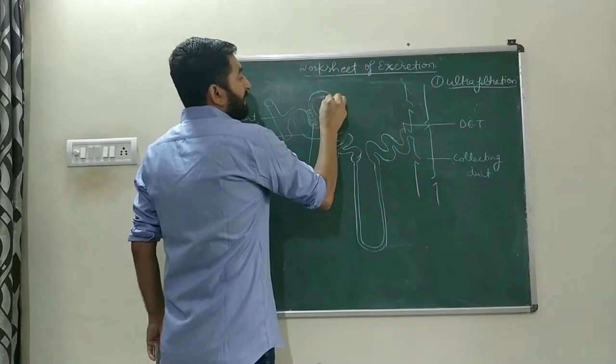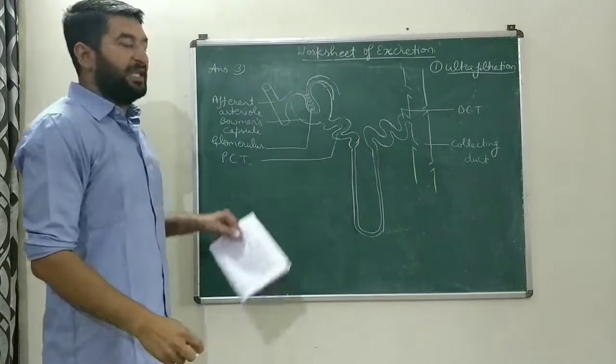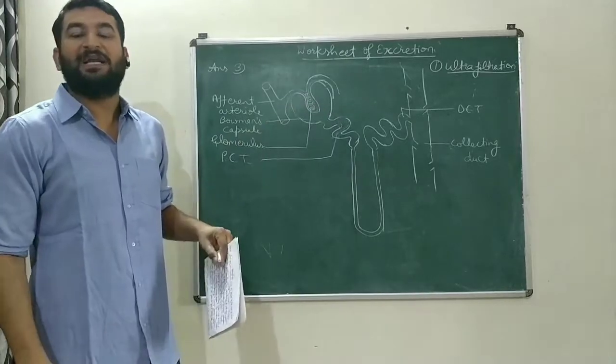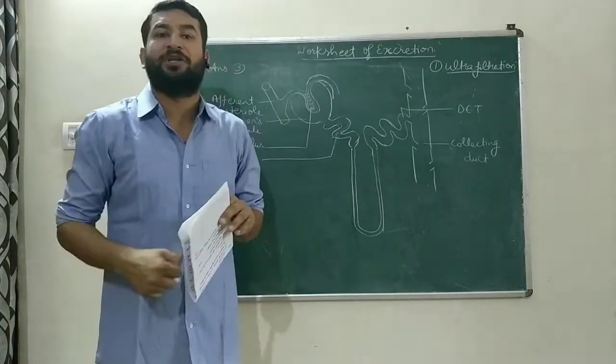Now, this is efferent arteriole. Afferent comes, divides into glomerulus, and the capillaries of glomerulus combine together to form efferent arteriole.